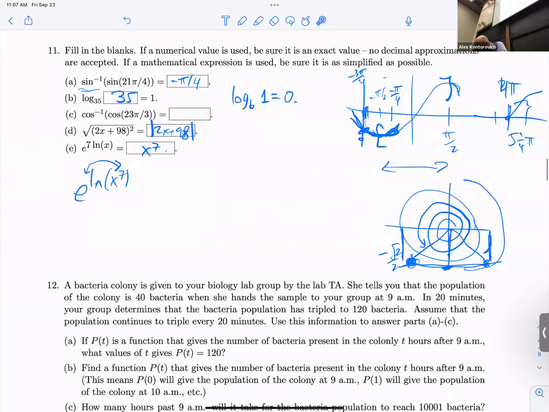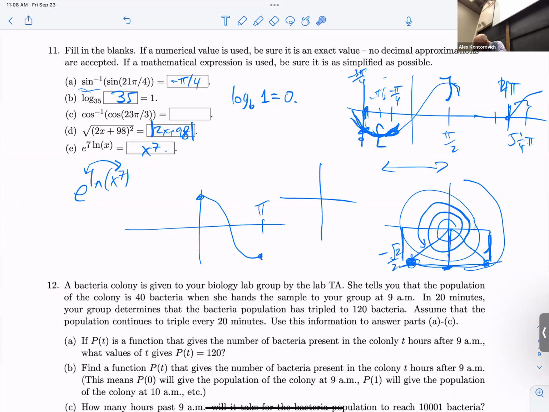Cosine. Cosine is similar but different, because cosine starts at 1, goes down to pi, and that's where we take inverse cosine from. That's where it's one to one. Okay, so 23 pi over 3, let's do it this way, just to change things up. 23 pi over 3, 21 over 3 is 7.